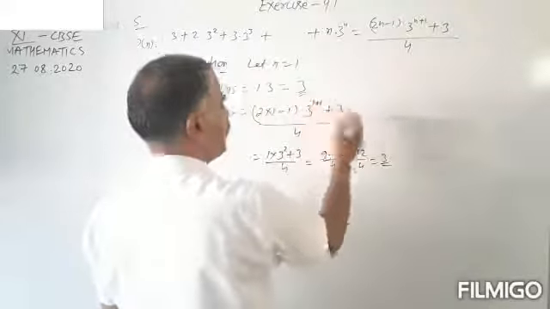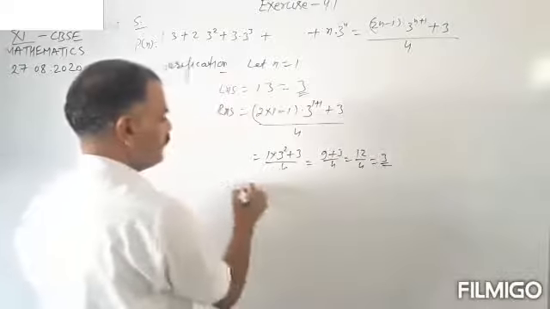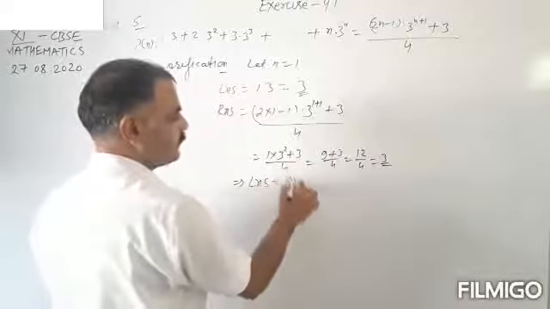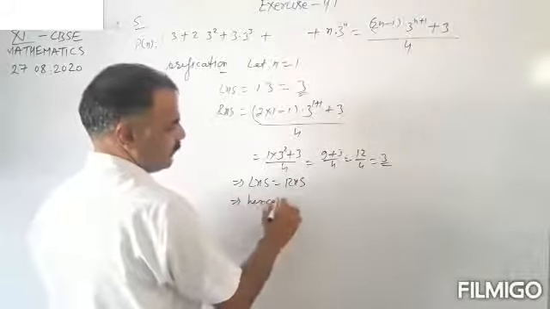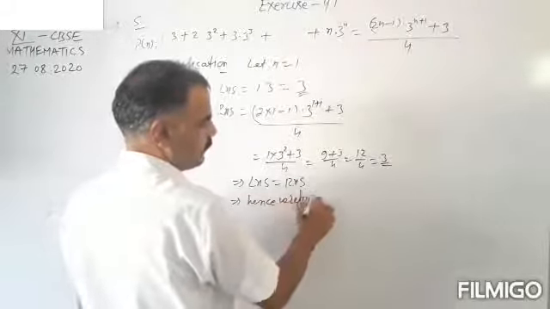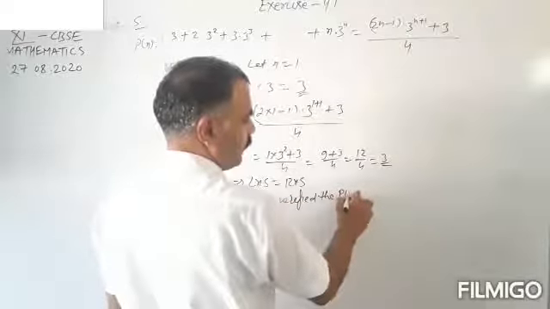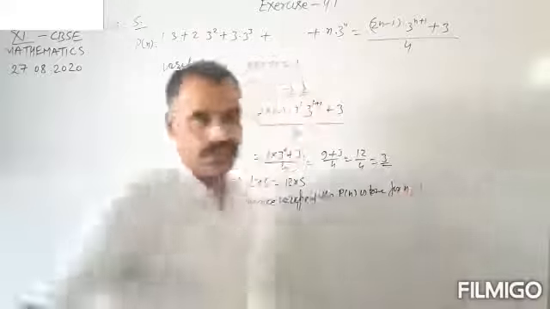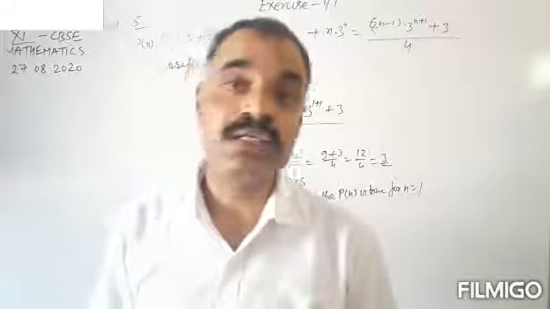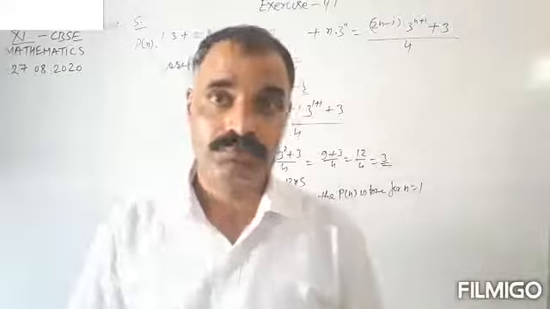So left hand side is 3 and right hand side is 3, implies that left hand side equals to right hand side. Hence verified that Pn is true for n equals to 1, means given statement is true for n equals to 1.